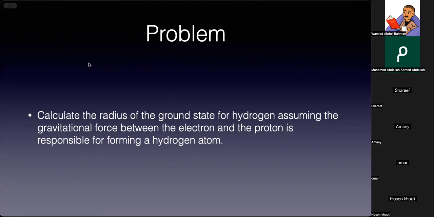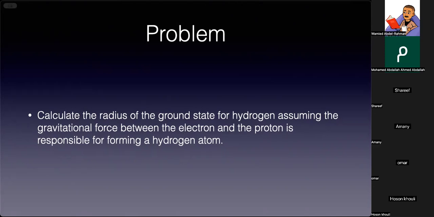So anyway, the problem was, let's calculate. We talked about Bohr radius and the postulates, and we derived from first principles, based on its postulates, for example, the orbits of the hydrogen atom, the energy levels, and so on.